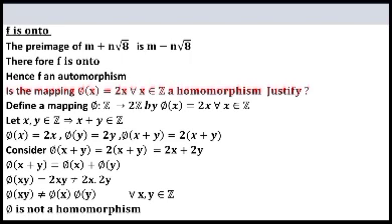The next problem is: a mapping phi of x is equal to 2x for all x belongs to Z is a homomorphism. Justify.